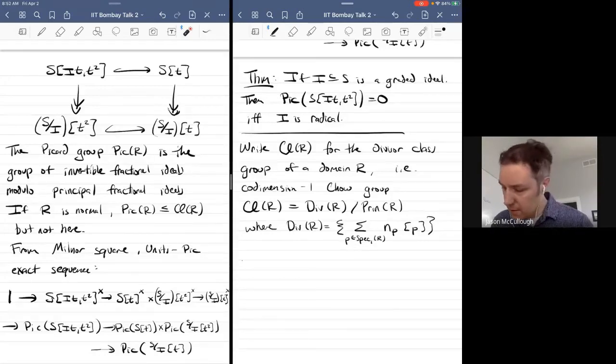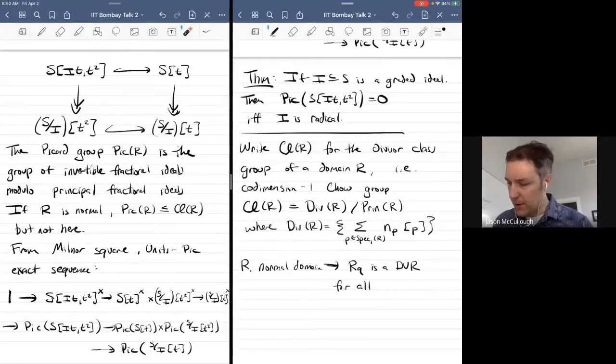And notice that if R were a normal domain, where most of us are more comfortable, well, then we get that R localized at Q is a DVR for all height 1 primes. And so the usual notion of linear equivalence works just fine there.